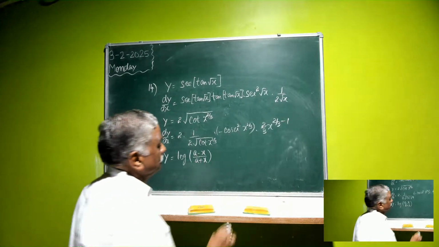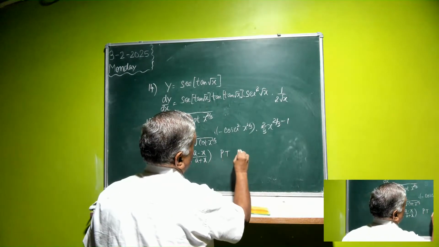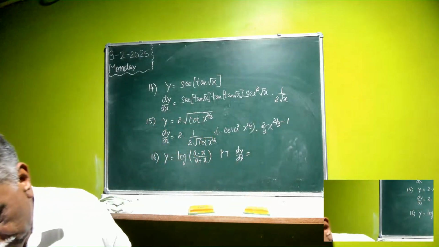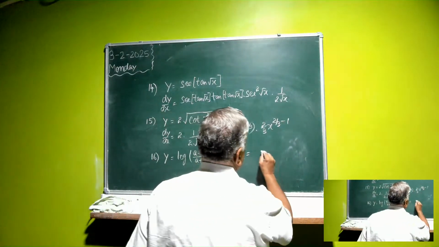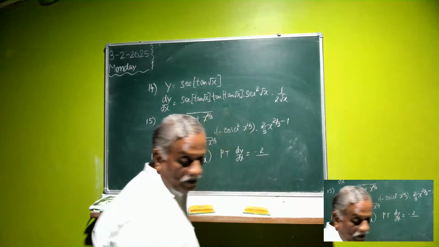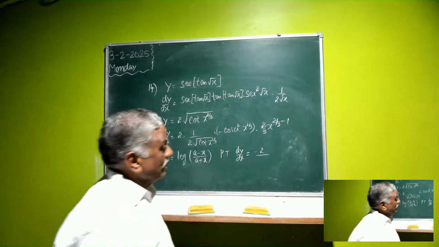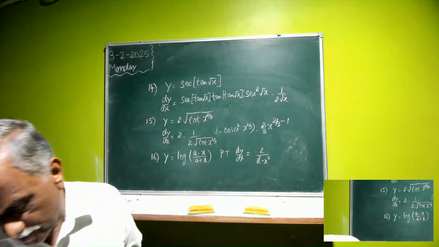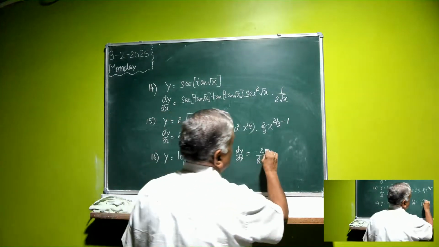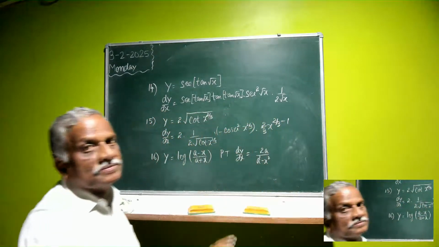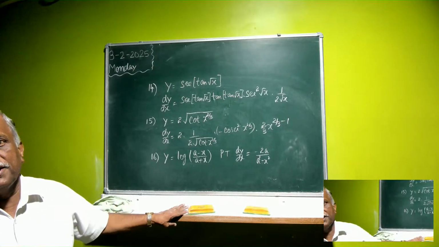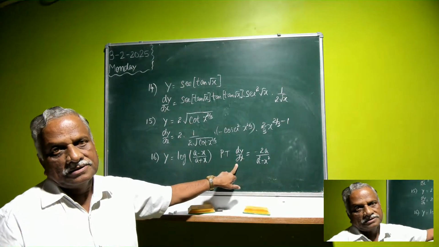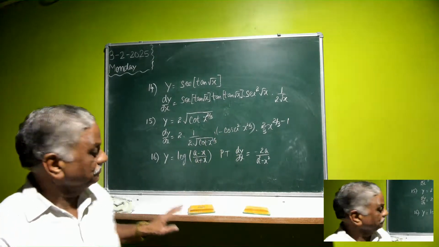Prove that dy by dx is equal to minus 2a over a square minus x square. The moment you notice "prove that", you need to simplify.